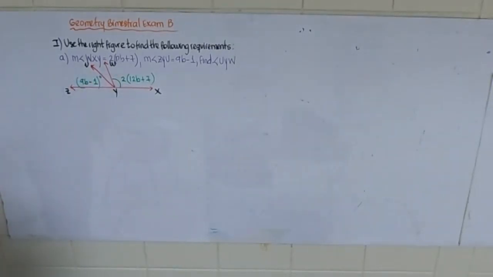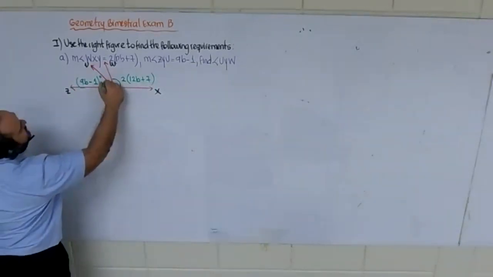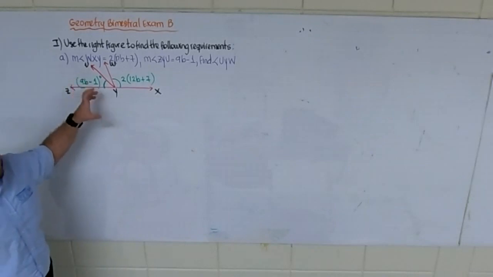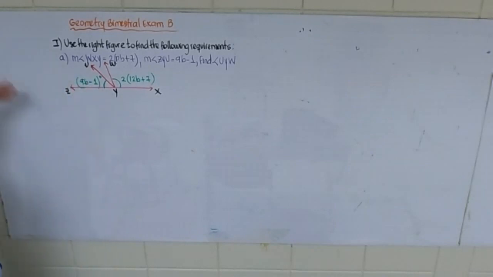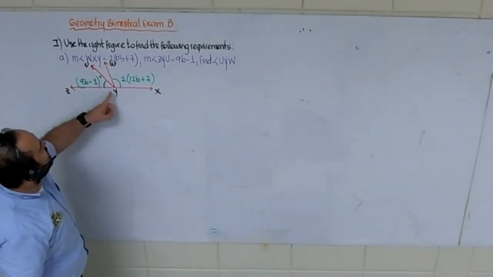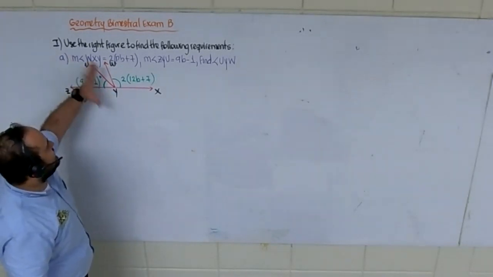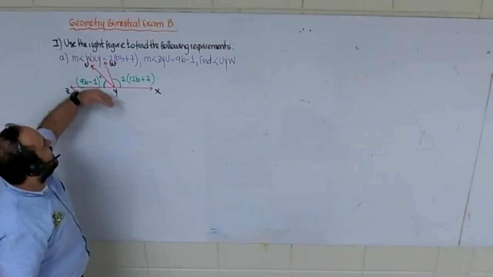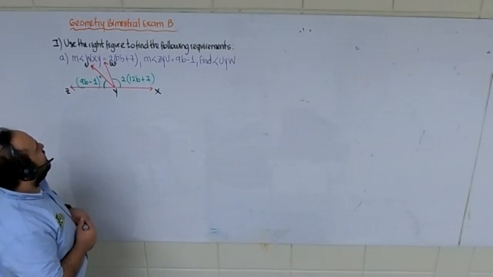But there's a curiosity. As you can see, it isn't drawn exactly because I am not using the ruler, but the line UY, or YU, bisects the angle CYW into similar parts.